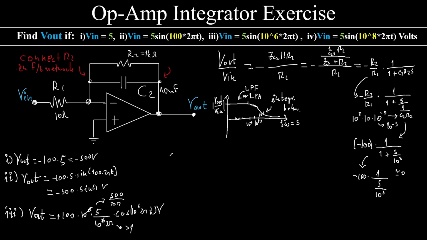Alright, let's go to our fourth case. Following the exact same logic, the output signal is going to be plus 100 times 10 to the power of 5 times 5 over 10 to the power of 8 times 2 pi times our little cosine of 10 to the power of 8 times 2 pi t.